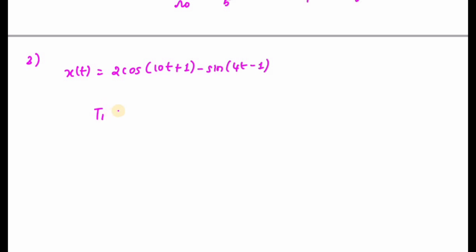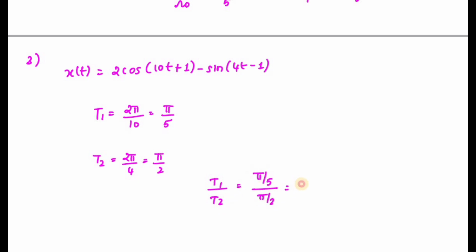So here my T1 is 2π divided by omega naught, that is 10, so it is π divided by 5. Again for T2 it is 2π divided by 4, so it is nothing but π by 2. If I want to find the value of T1 divided by T2, that is equal to π by 5 divided by π by 2. That is equal to 2 divided by 5.